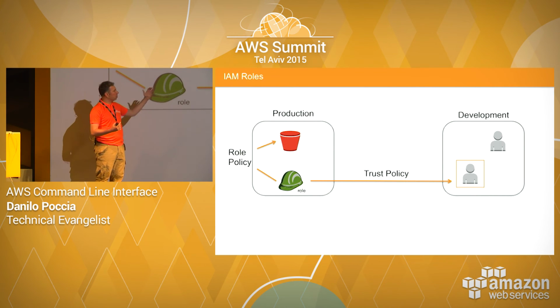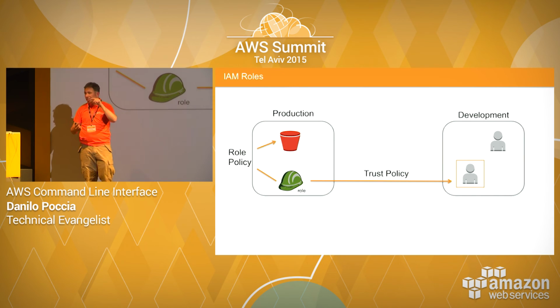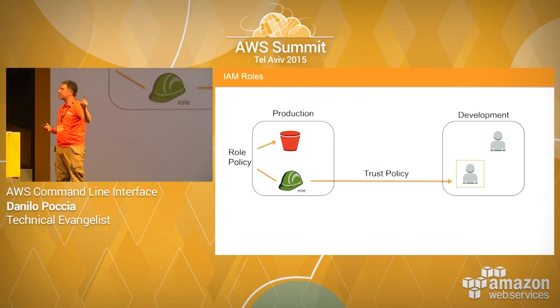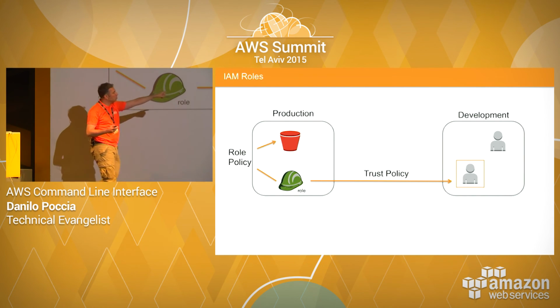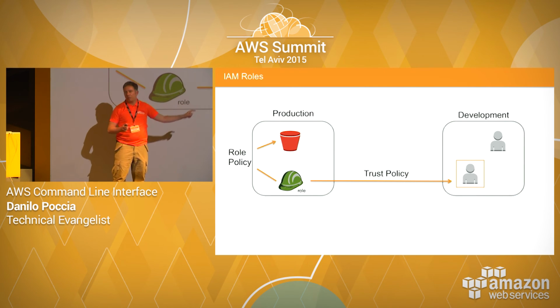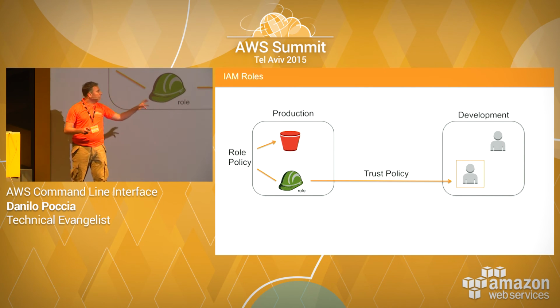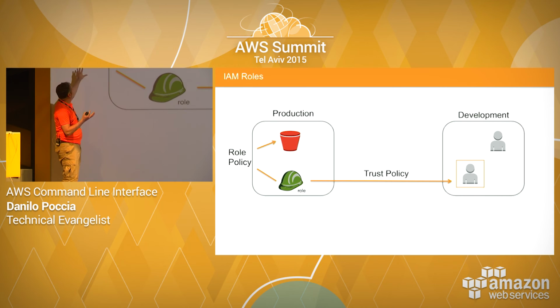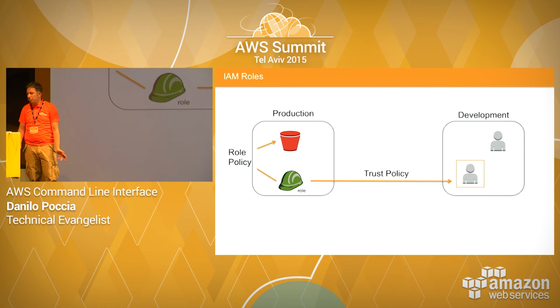And in the trust policy, you can reference a user inside another AWS account. In this case, you say this user that is in another AWS account, the development account, can do something inside this production account. What can he do? What is specified in the second component of the role, that is the role policy. And here, for example, I can give read-only access to a single S3 bucket, or to all the S3 buckets. The syntax is quite broad.